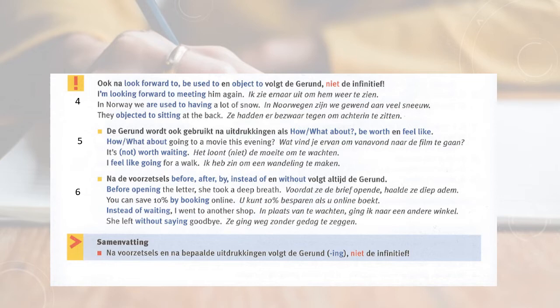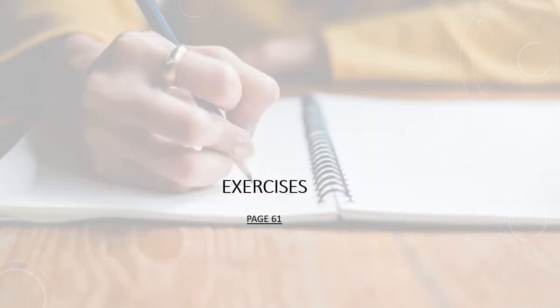But these prepositions, so before, after, by, instead of, and without, they also have a gerund. So also highlight these prepositions and study these words by heart to remember that these are placed with a gerund. Now you can make the exercises on page 61.